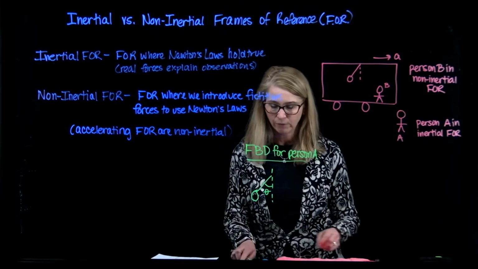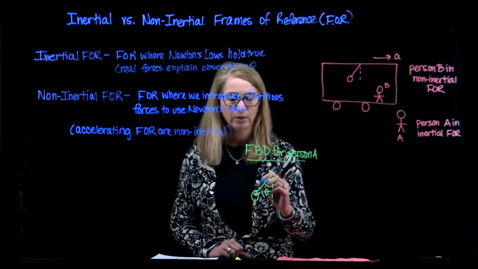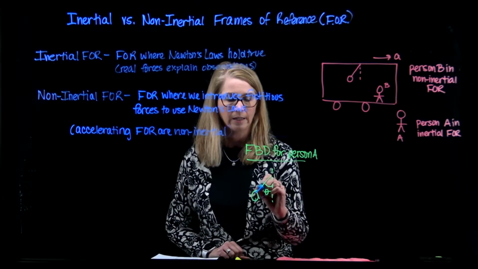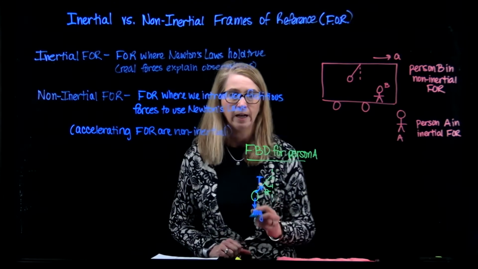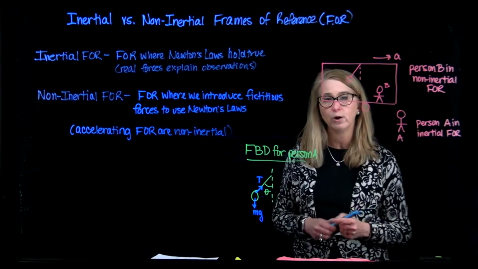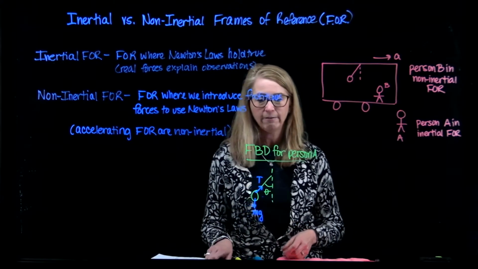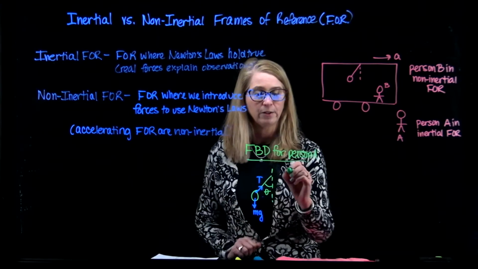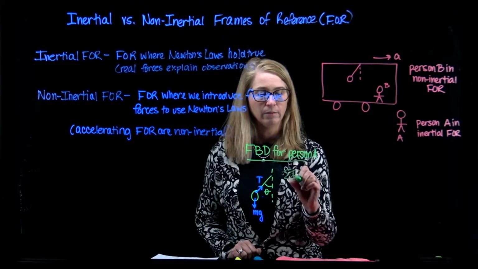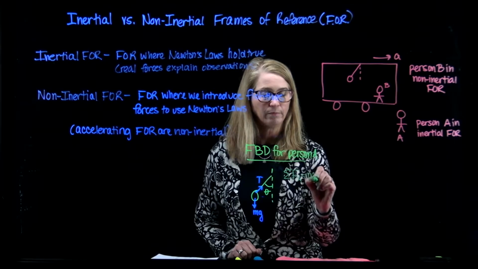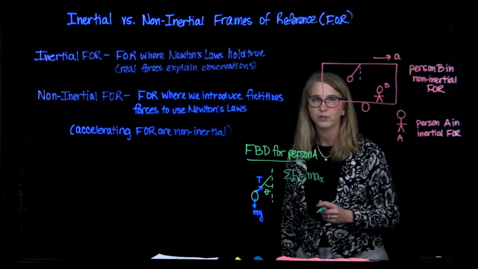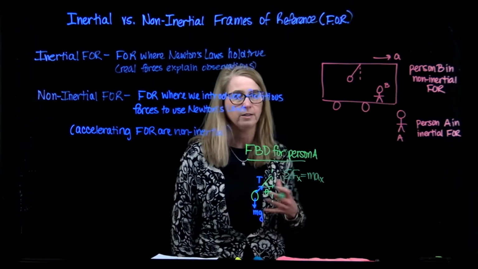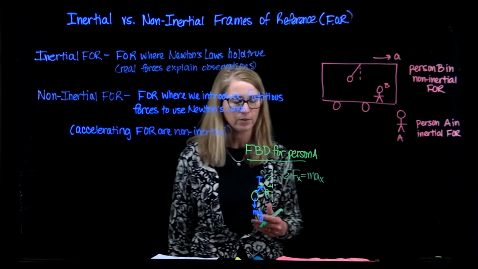Now let's look at the forces that are acting on this mass. I got the tension acting on it from the string, and I have the weight mg acting straight down. So those are my only two forces that I have. And if I look at Newton's laws, in the x direction I do have acceleration because as the train car is accelerating, so is the mass.